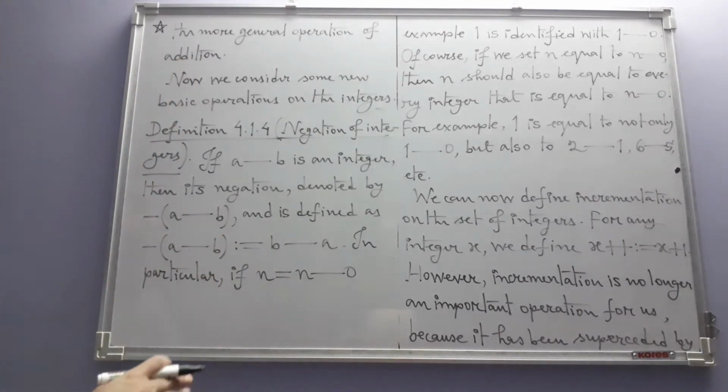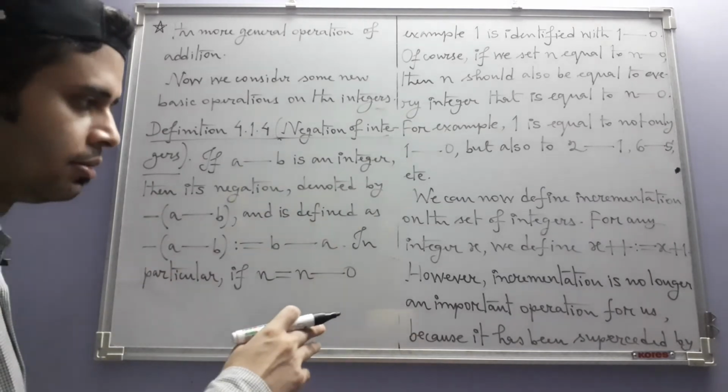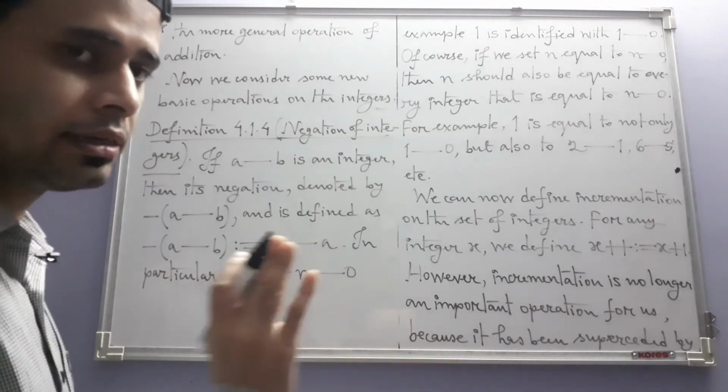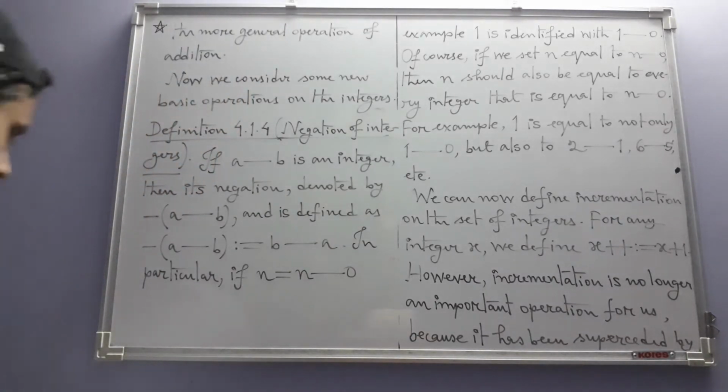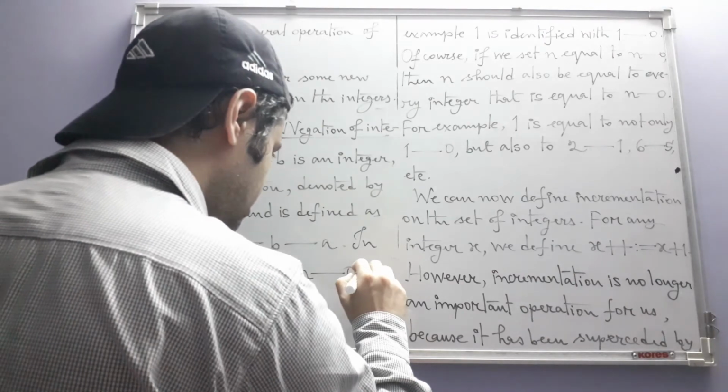So in that sense the integers can be thought of as residing inside the set of rational numbers.